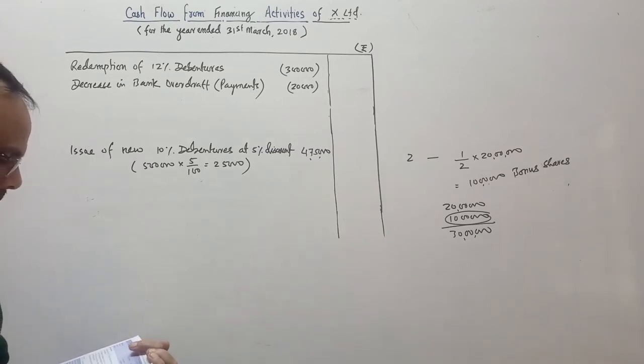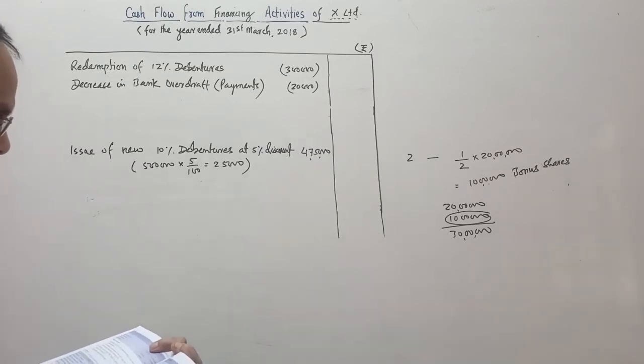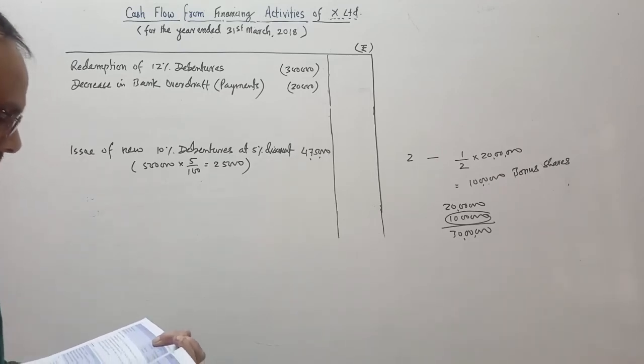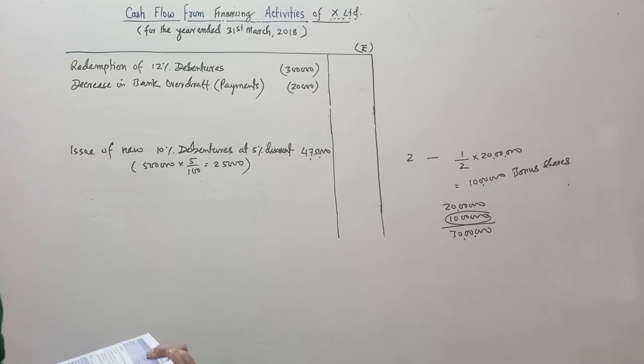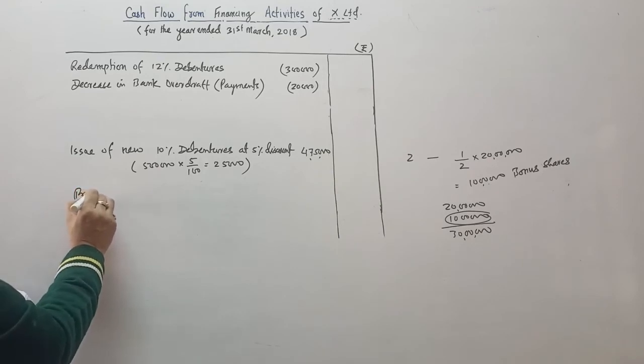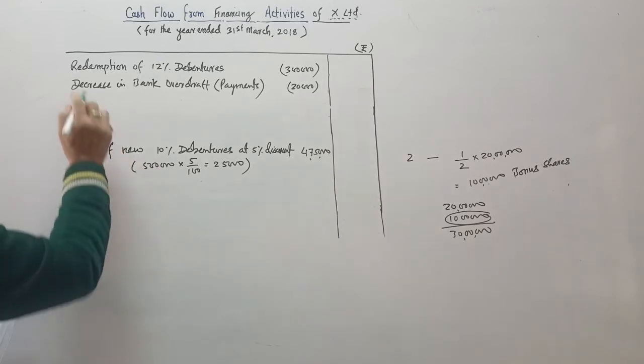Now coming to point number 3, proposed dividend on equity shares for the previous year ended 31st March 2017 was paid. So proposed dividend of the previous year, when it is paid, is an outflow.